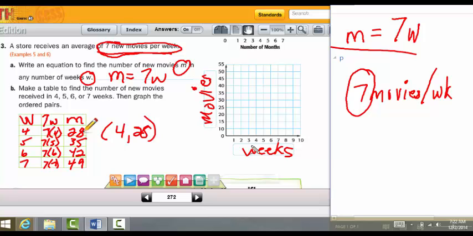And now we just graph 4, 28, 5, 35, 6, 42, and 7, 49. And those are your solutions to problem number 3. You could indeed put a line on this and show that we can graph it like so.